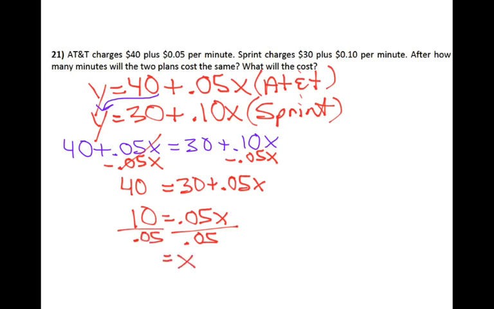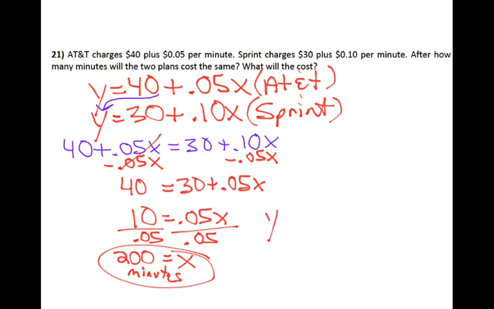So the number of minutes that they would be the same would be 10 divided by 0.05, which is, how much is that? 200. So that would be 200 minutes when they would be the same. And then the question would be, well, how much would they cost? So you can plug in the 200 minutes into either one.